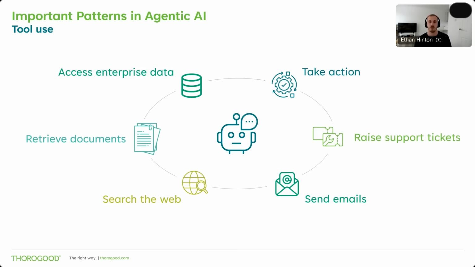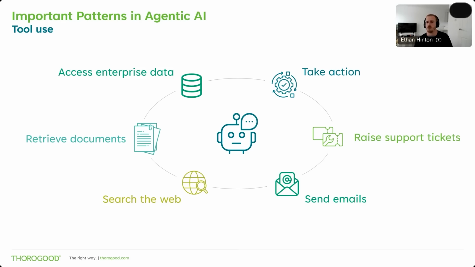So an example of this would be maybe querying a database to access enterprise data or retrieving documents like standard operating procedures so that it can follow some standard steps to complete a task, or maybe even searching the web for extra contextual information to help it answer the question. Alternatively, tools can be used to take actions such as sending emails, raising support tickets, and triggering additional automated processes. The possibilities here are virtually limitless for tools, provided that they can be coded into our system.